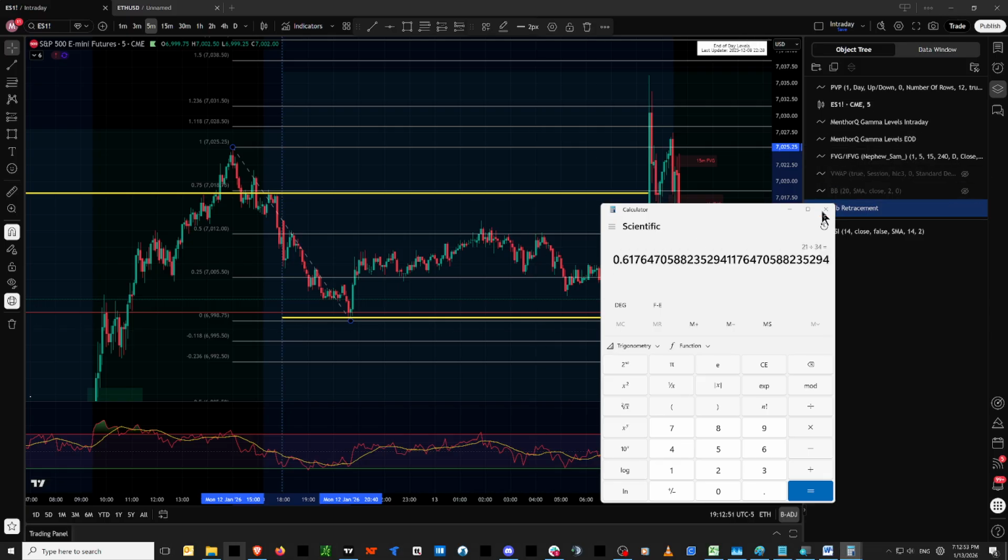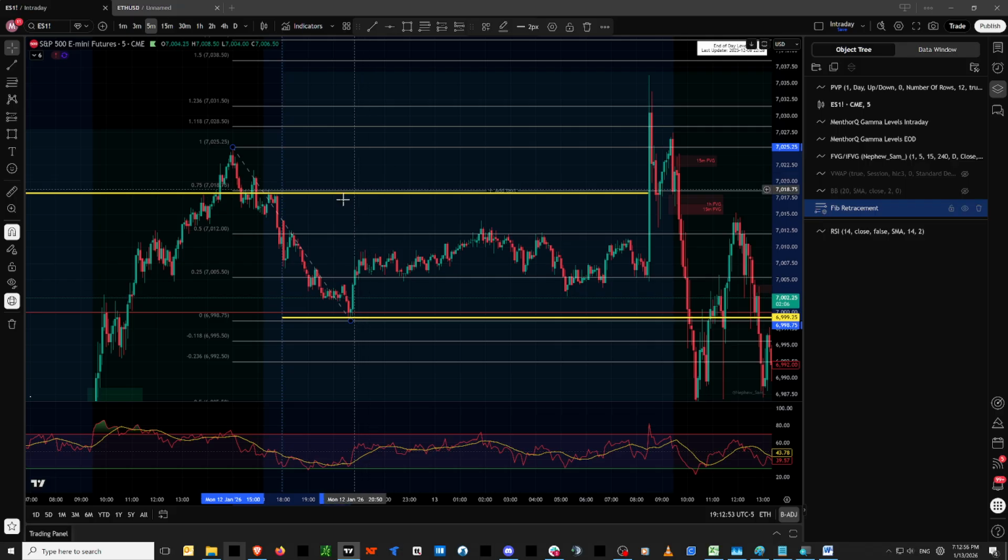So what I want to do, after I get rid of all these things here, here it is. Here's the top. Here's the bottom. Here is our big candle today at 8:30. And I want you to notice where it went.